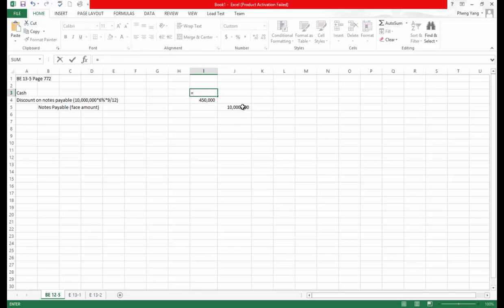And then our cash will be the difference of the two. So we will credit notes payable for $10 million, debit cash for $9.55 million, and debit discount on notes payable for $450,000.